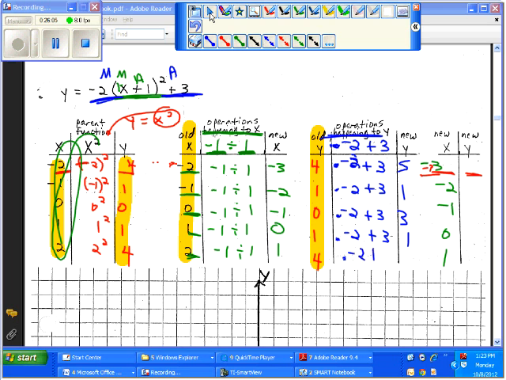And 4 times negative 2 is negative 8 plus 3 is negative 5.